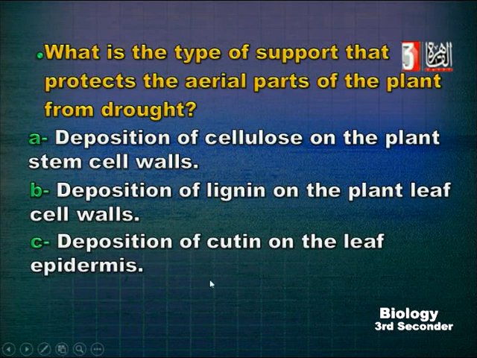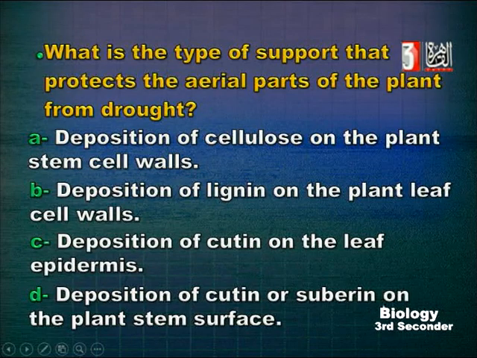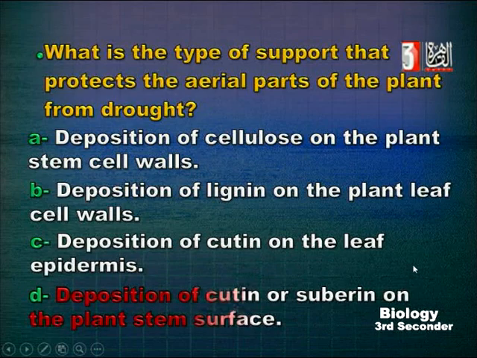Deposition of cutin on the leaf epidermis. Deposition of cutin or suberin on the plant stem surface. The answer is D, because I need to protect all aerial parts, not leaves only, not stems only. Cutin protects the leaves, suberin protects the stem of trees or woody stem.